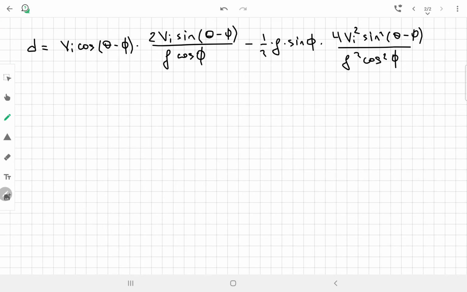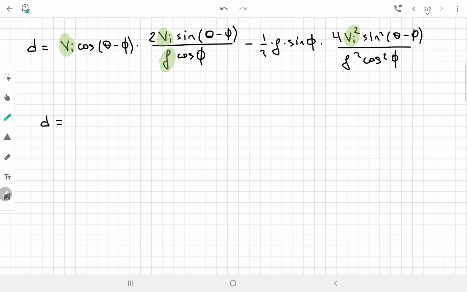So first is just simple calculations. D is equal to, we can take outside of the parenthesis v squared from both sides, and here will be g.